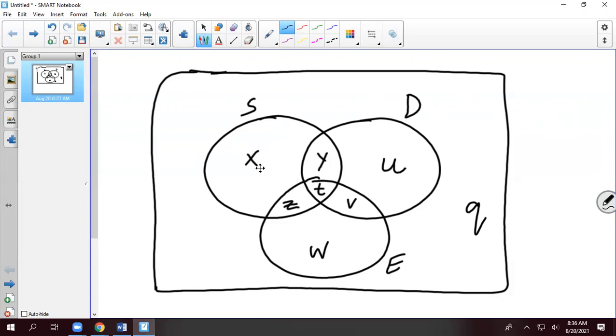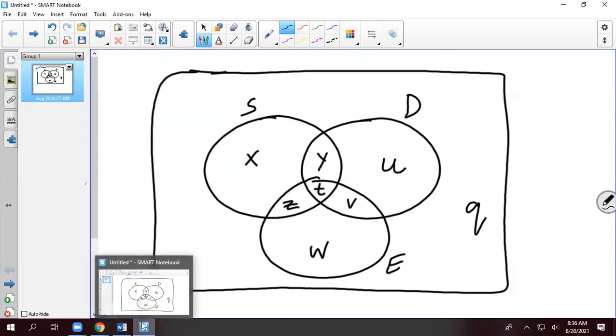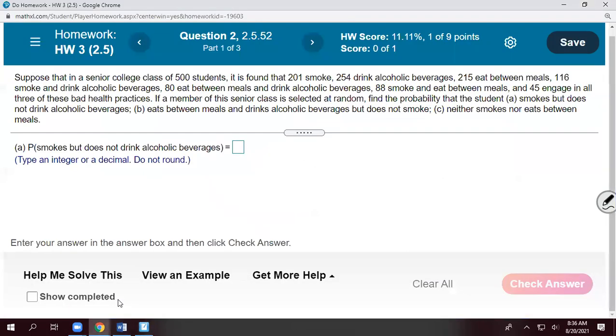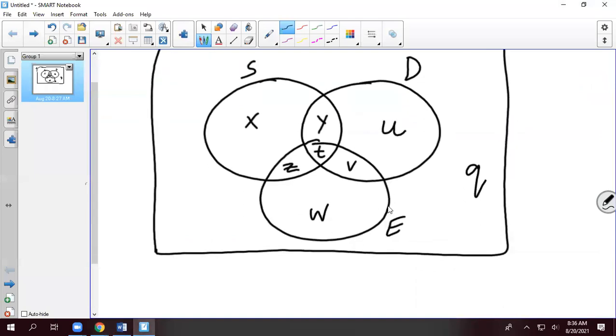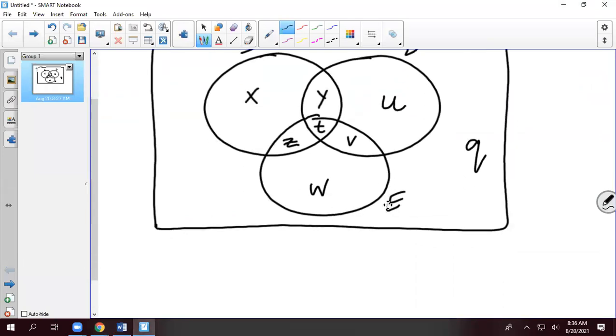So what we are told is that X plus Y plus Z plus T, which is the smoking students, equals... let's see, 201 smoke. So X plus Y plus Z plus T is equal to 201.